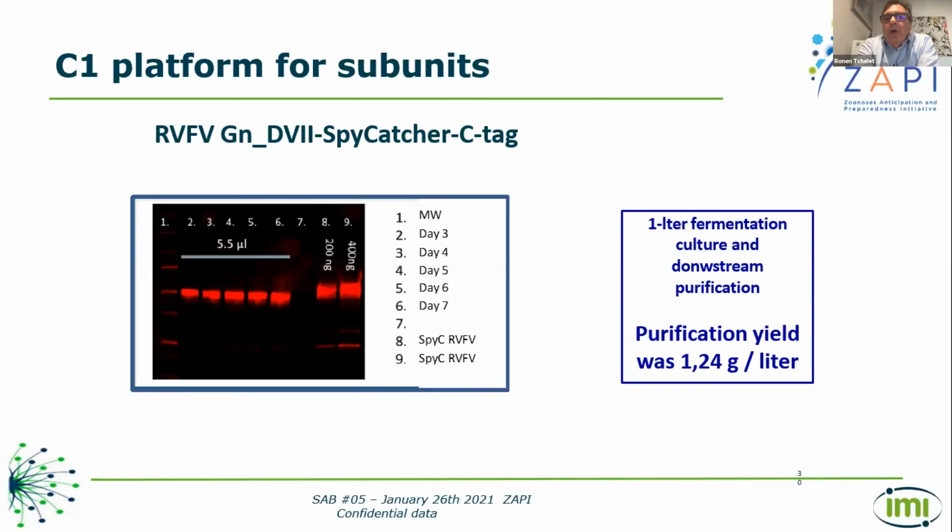It is important to note that we don't have to go, like in CHO, for instance, or in E. coli or baculovirus, to a transient. From the initial, we integrated the gene into the genome, and we already have a stable cell line. In this case, in 1 liter fermentation culture, we could reach a level of 1.24 gram per liter. Again, this kind of production level obviously can then be scaled up to a commercial level.